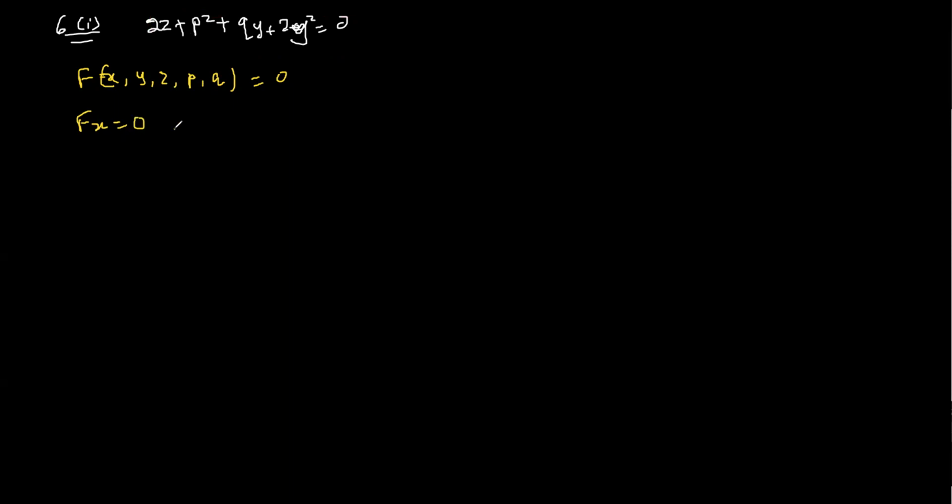Right? Find fy. Fy will be q plus 4y, right? Fz is 2. Fp means 2p. Fq means y. Understood?